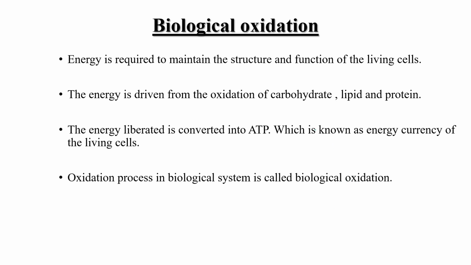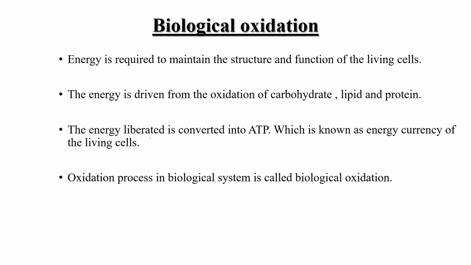biological oxidation. Energy is required to maintain the structure and function of living cells. True. Energy is derived from oxidation of carbohydrate, lipid and protein. This one is again true.